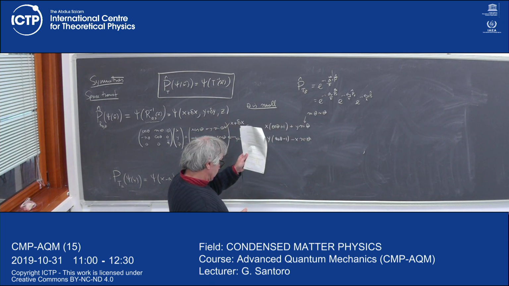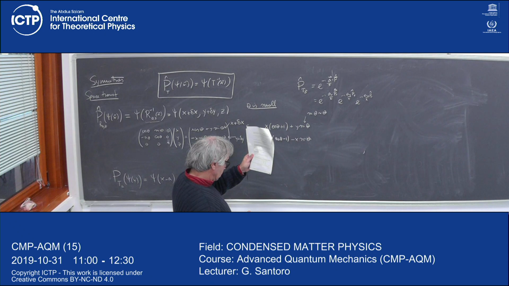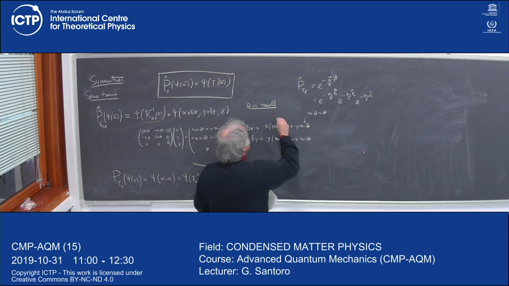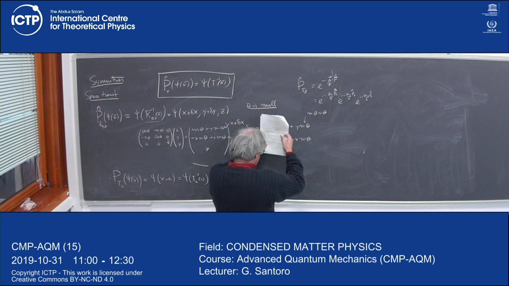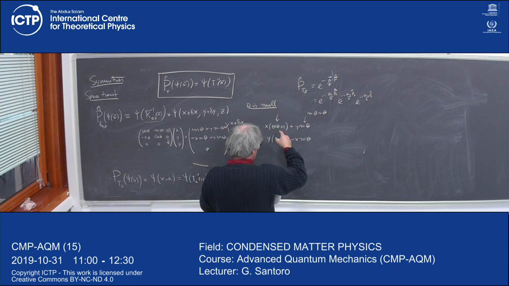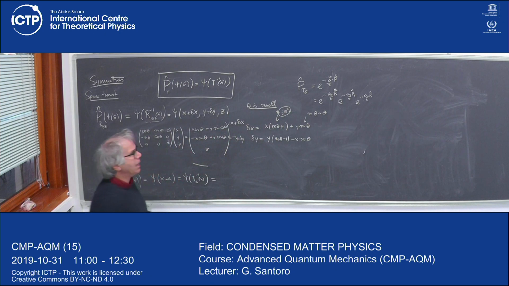The second is that cos theta minus 1 is in fact equal to, essentially, you know that cos theta is 1 minus 1/2 theta squared plus other terms. So cos theta minus 1 is of the order of minus theta squared, okay?